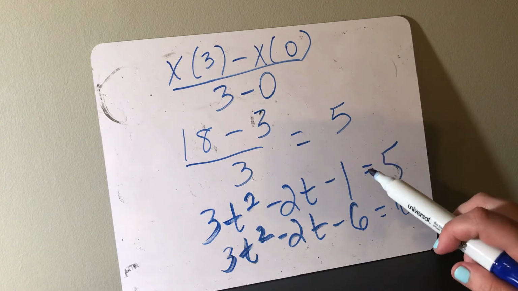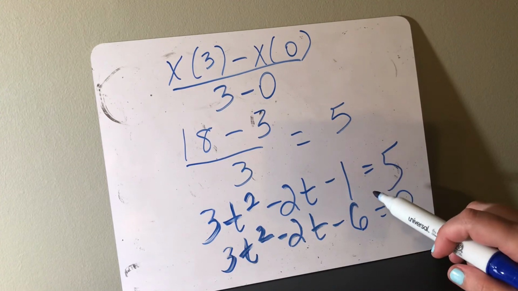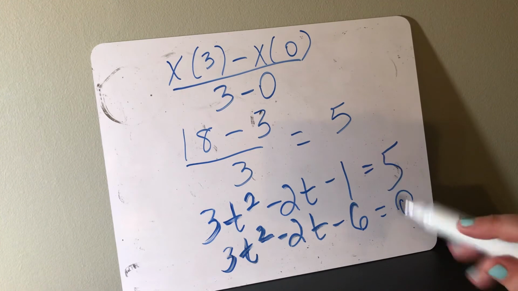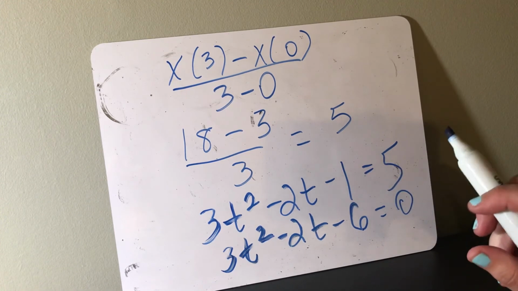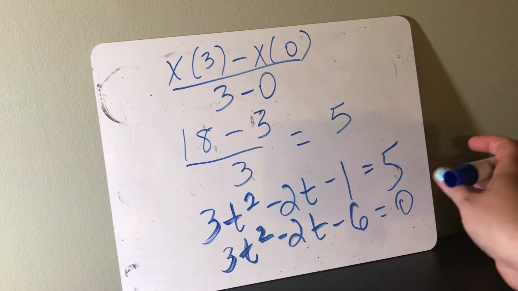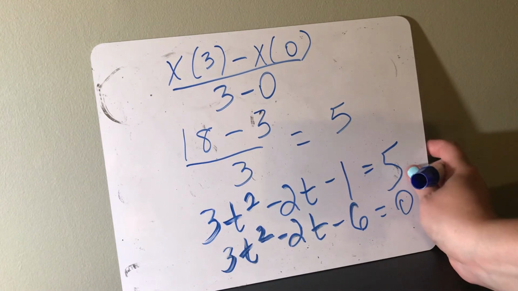Make your window between 0 and 3. And the calculator should tell you it's about 1.786. Remember that if we have to round anything, we're going to round to 3 decimal places.